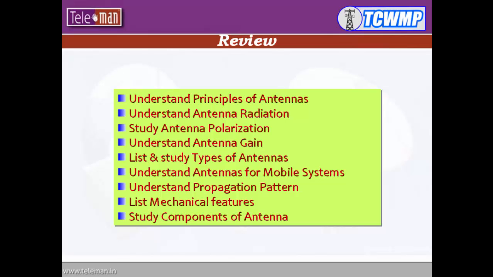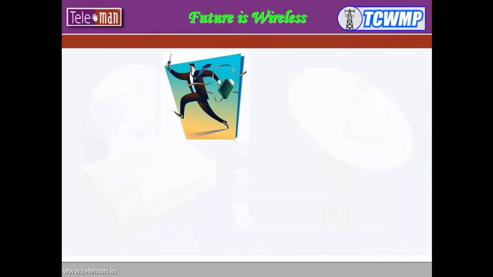We listed and studied antenna types, that is omnidirectional, semi-directional, and highly directional antennas. We understood antennas for mobile systems, the different types of antennas we use for mobile systems, propagation pattern, mechanical features, and different components of an antenna. Okay, thank you very much.